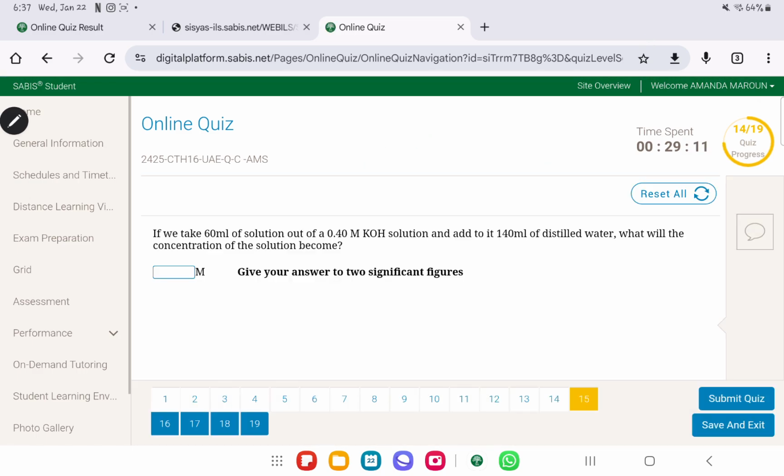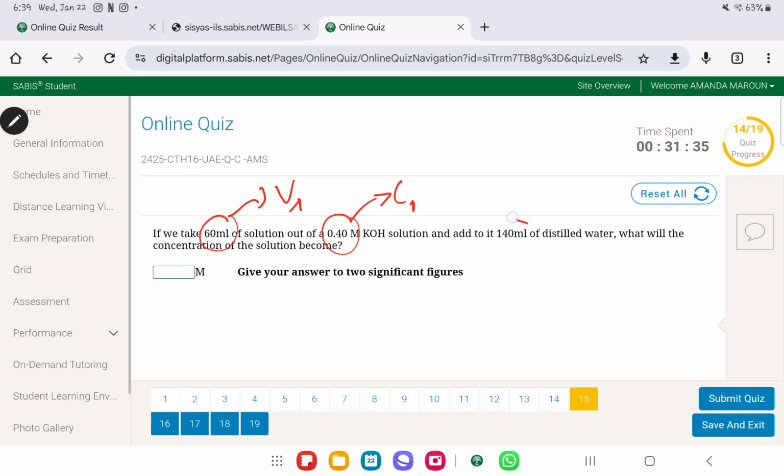Moving on to question number 15. Now, for this question, if we take 60 milliliter of solution, remember the solution should always be in liter, but in this case, you are gonna see why we will not change the unit. Out of a 0.40 concentration, this is our volume, this is our concentration, so we'll say volume 1, concentration 1.